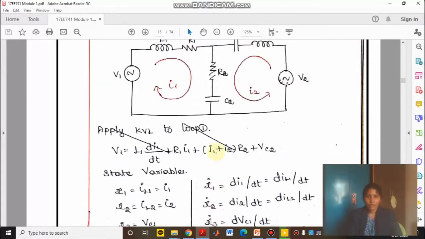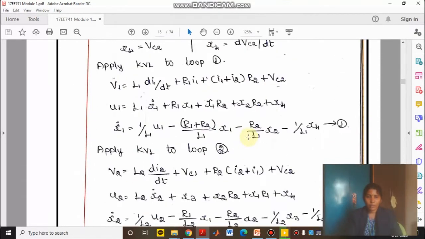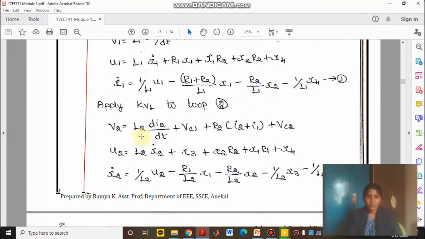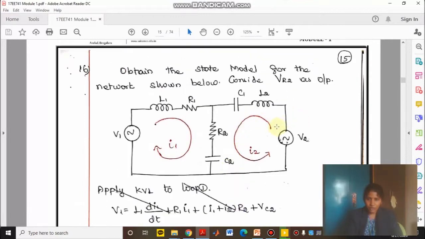Same way you apply Kirchhoff's voltage law to this particular loop. So when you apply, you will get V2 is equal to L2 di2 by dt plus Vc1. And what is the current flowing through this resistor R2? Here also both the currents are in the same direction.